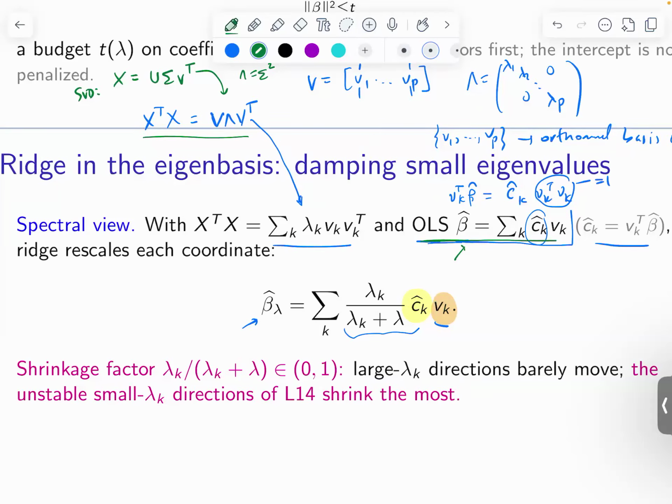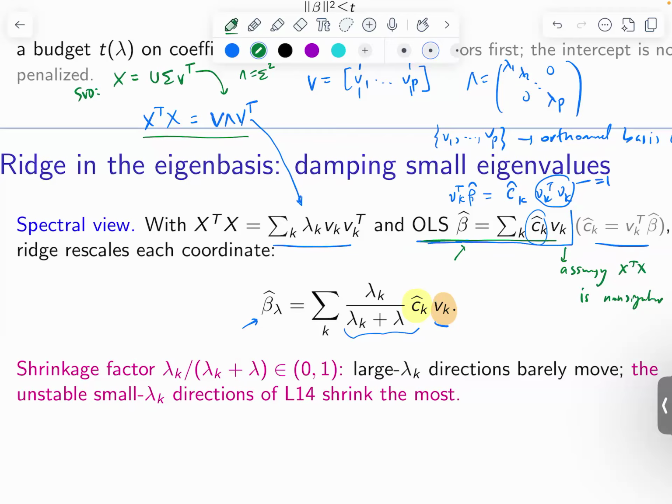So it works assuming X transpose X is non-singular. I don't want to spend too much time on it, but this gives you a very interesting geometric picture of the relation between OLS and the ridge. It takes the expansion of the OLS estimator and keeps the coefficients that are in good directions and shrinks the ones that are bad.